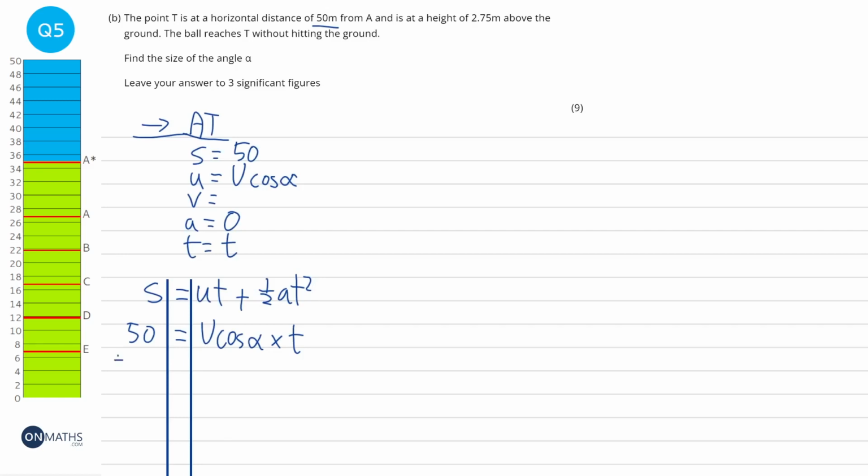And then we're just going to divide by u cos alpha both sides. And so we'll get 50 over u cos alpha is equal to T. So we've got T in terms of u here. So next thing we're going to do is the vertical motion, again between A and T. And we're going to do our suvat.